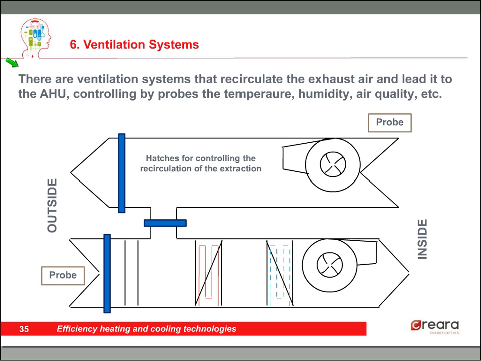The way of working is to have probes, normally CO2 probes, that send a signal to the air handling unit to start renewing the air when the CO2 parts per million are high. And as the air handling unit can easily turn off the coils, air renewal can be done without acclimatizing again. So that is a good thing to do.